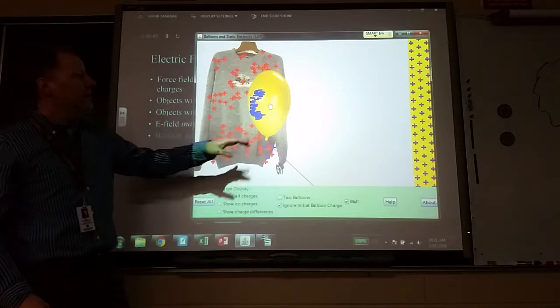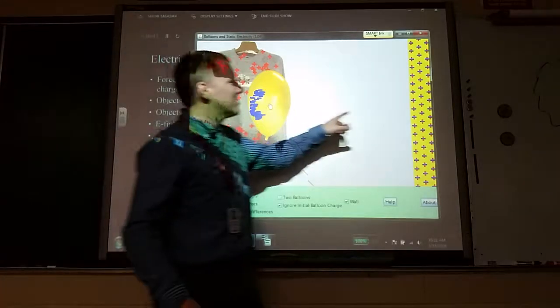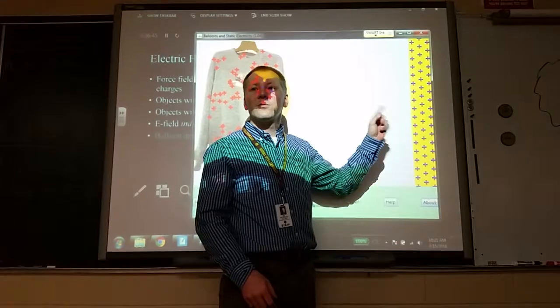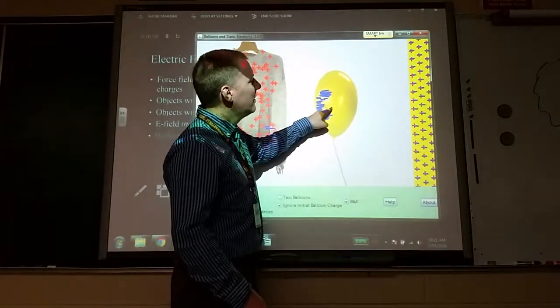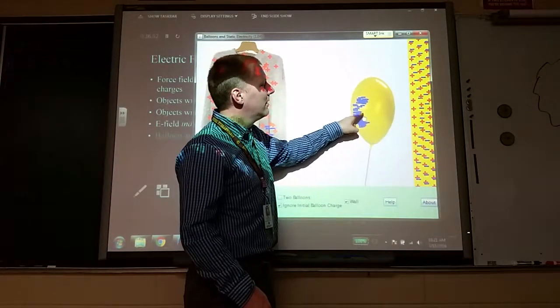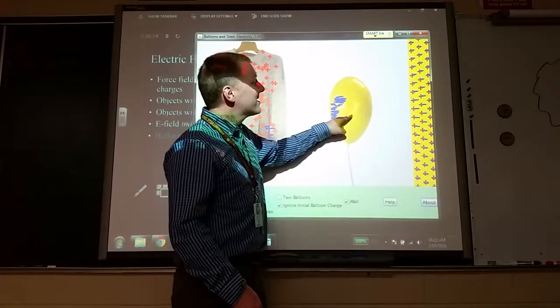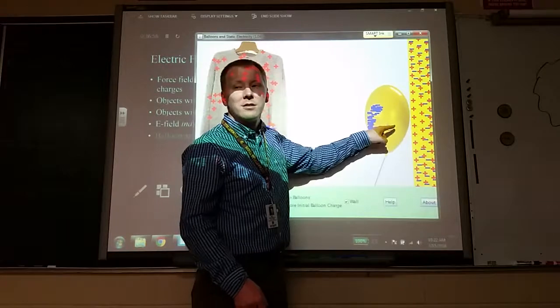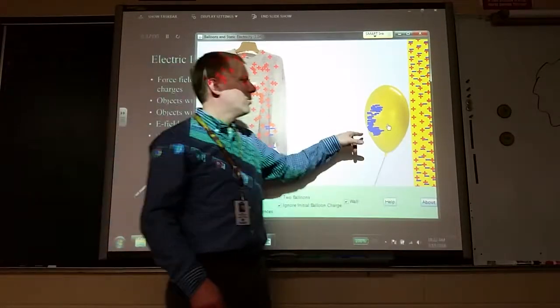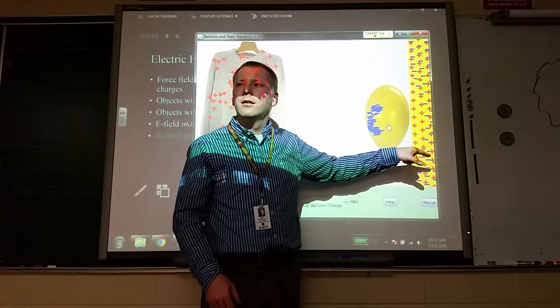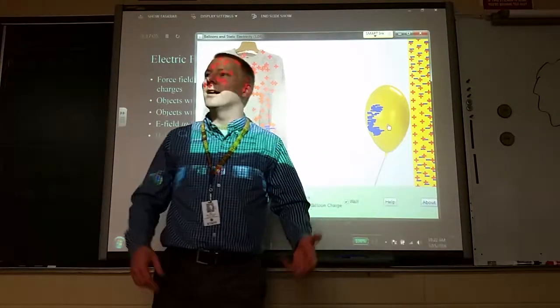Let's look at what happens when we bring this negative thing close to our neutral wall. This is what we just saw with the tubes. It's separating some of the charges. It repels. This is negative, so what does it repel? The negative parts, the electrons.